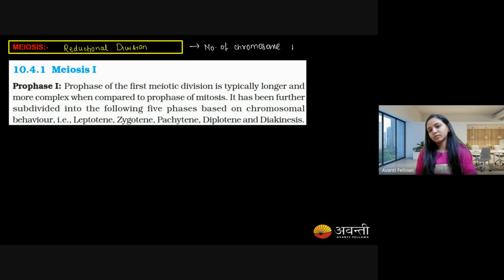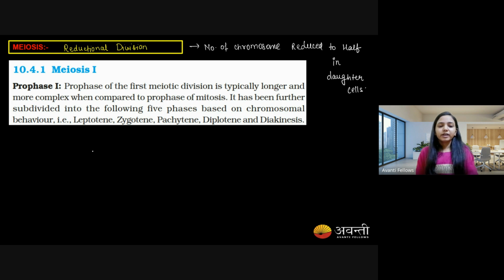Number of chromosomes reduced to half in the daughter cell.